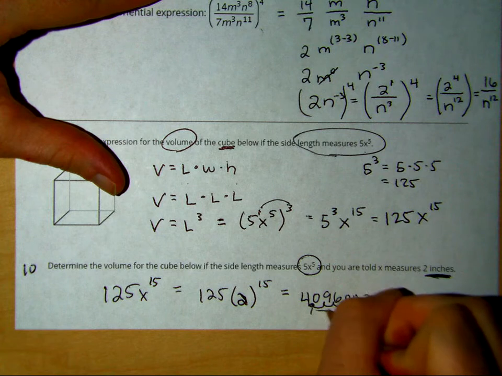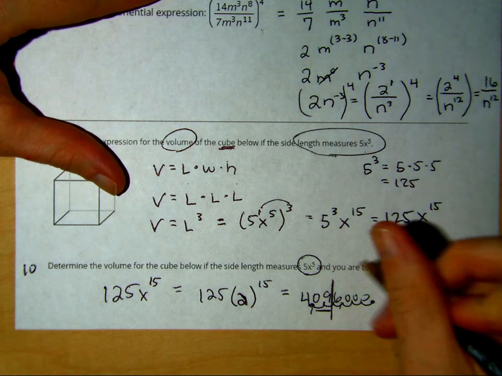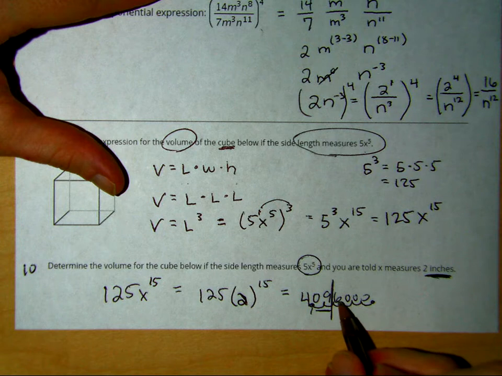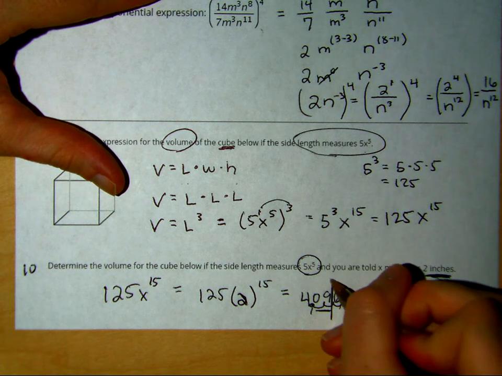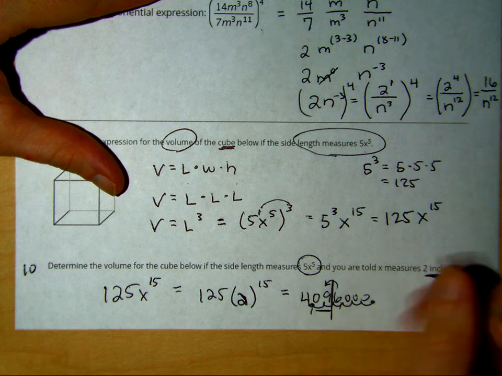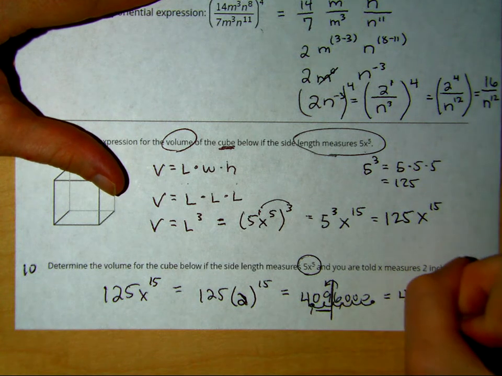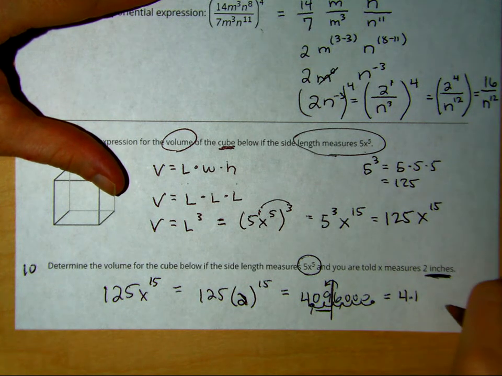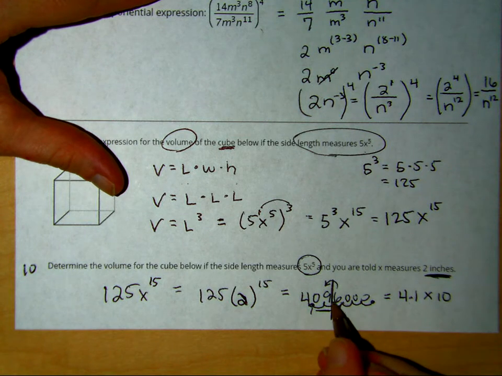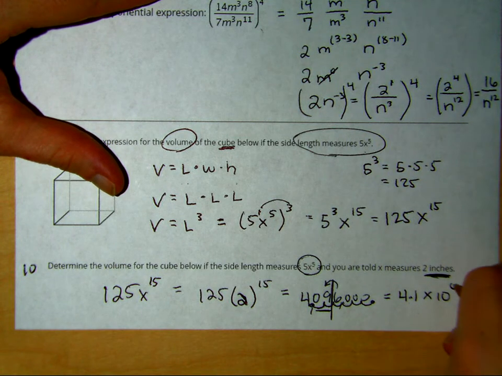So we need to round at this point. Because 6 is greater than 5, that's going to cause us to round up. And because we have a 9, we have to round up again. So we end up with 4.1 times 10 to the, it was 1, 2, 3, 4, 5, to the 6th power as your final answer.